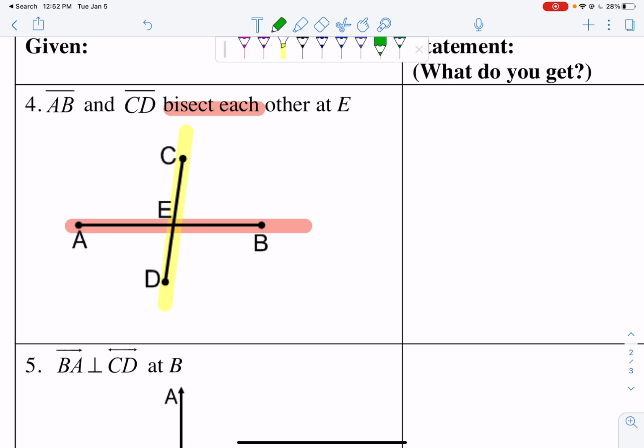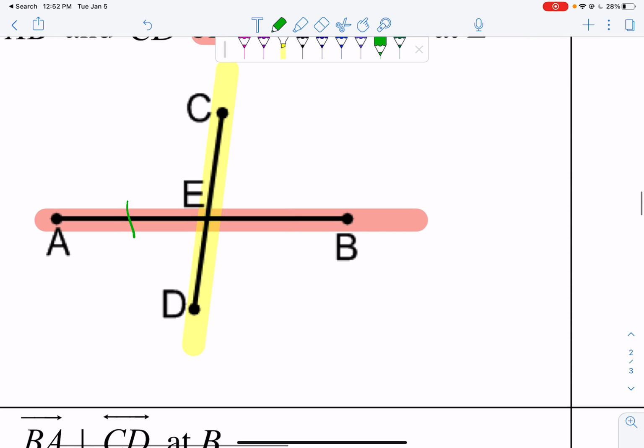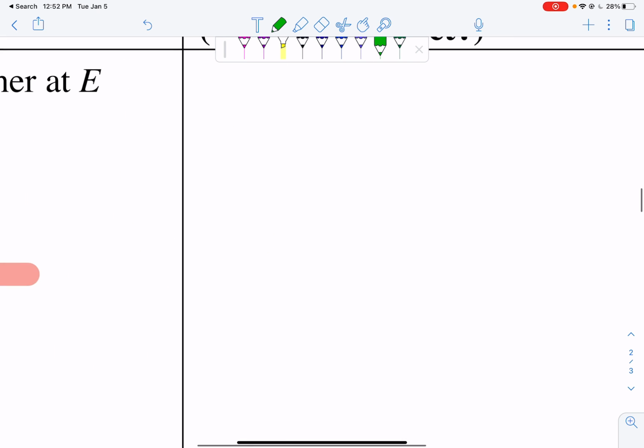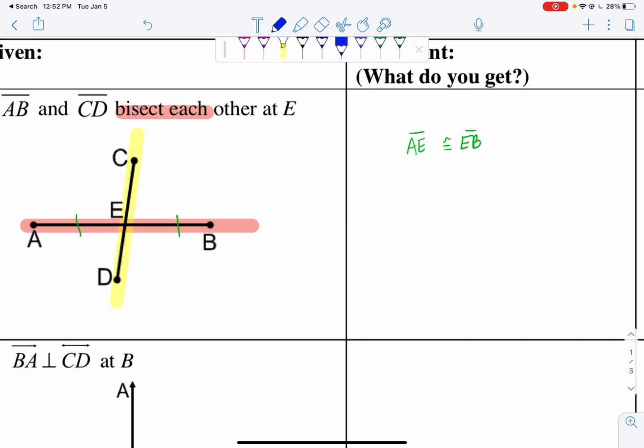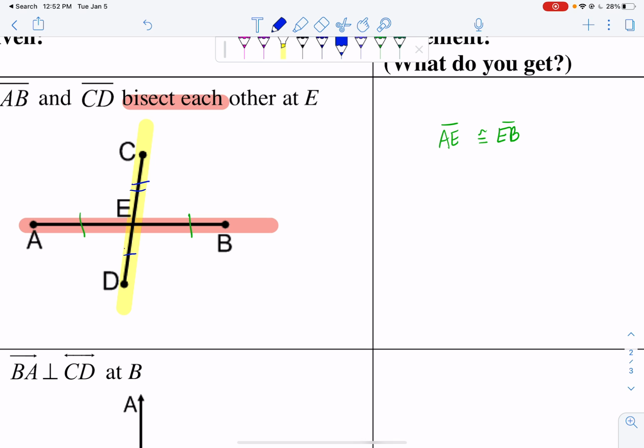I can say AE congruent to EB, and I can also say that CE is congruent to ED.